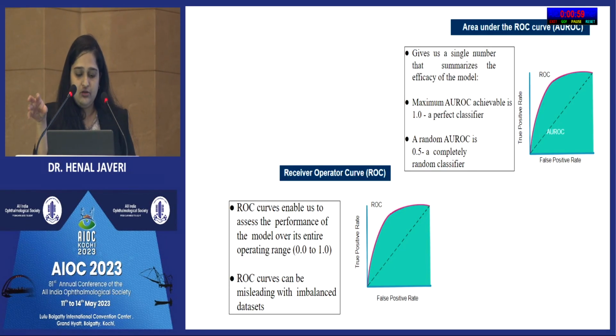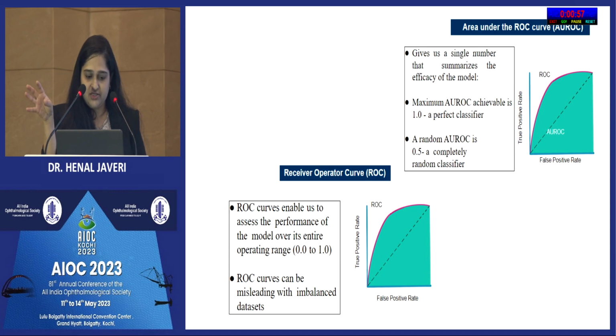So the figure below demonstrates the receiver operator curve, where on the x-axis we have the false positive rate and on the y-axis the true positive rate. So basically it assesses the performance of the model over an entire range of thresholds. So we can decide upon this what cutoff threshold we want, and accordingly the true positive rate and the false positive rate are linearly related.